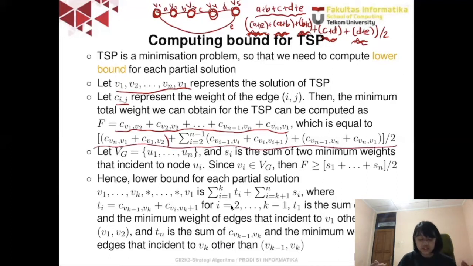Basically it is the sum of weights of the two edges that have the minimum weight for each node. If we have a partial solution, we just need to adjust the lower bound depending on the solution we have constructed in that partial solution.